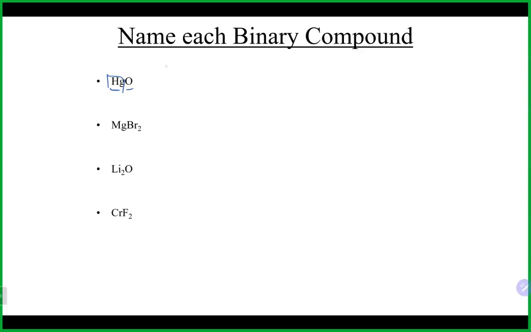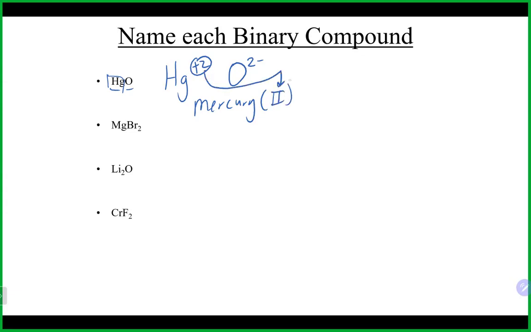We do need to figure it out here. We don't know what mercury may be, but we do know oxygen is group number 6, which means it has a -2 charge. To balance it out, mercury will have a +2 charge. This would be mercury Roman numeral 2 because of the charge here, and this would be oxide.